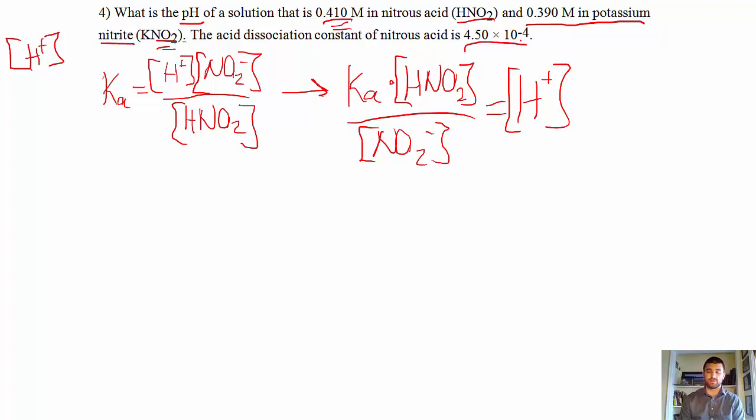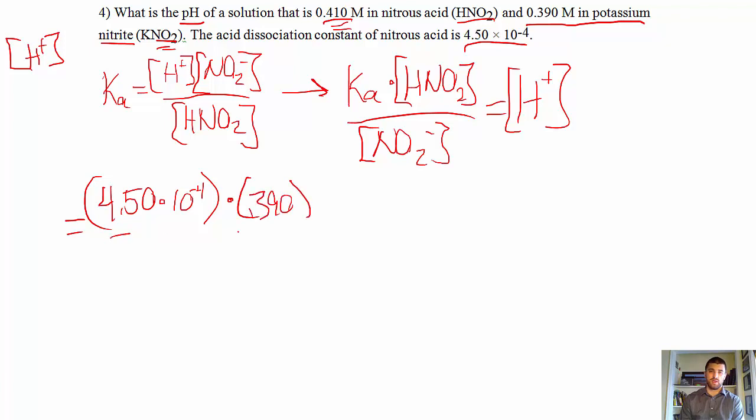Oh, my Ka is just here. So you plug those numbers in, which I guess I'll do. 4.50 times 10 to the minus 4 times by the HNO2, which is 0.390. And that is all over the point.